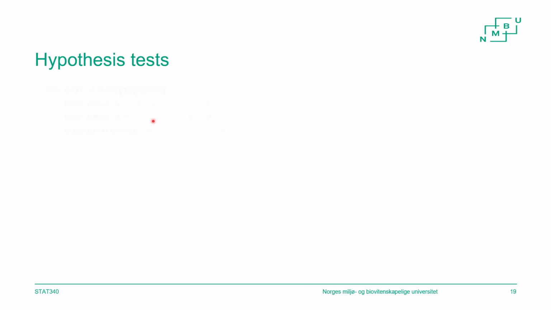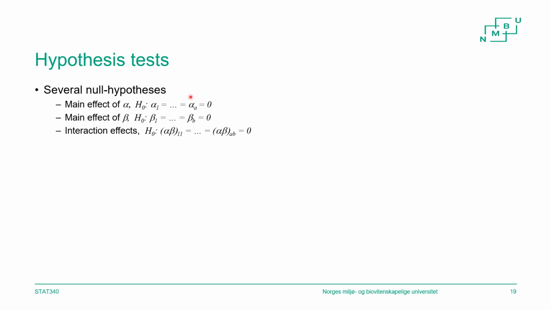Let's have a look at the hypothesis testing. So let's consider this null hypothesis again, namely that all the deviations for the factor alpha are 0. This is the same as saying there is no effect of factor alpha at all, right? Because regardless of level, the response is the same. That's what this null hypothesis says.